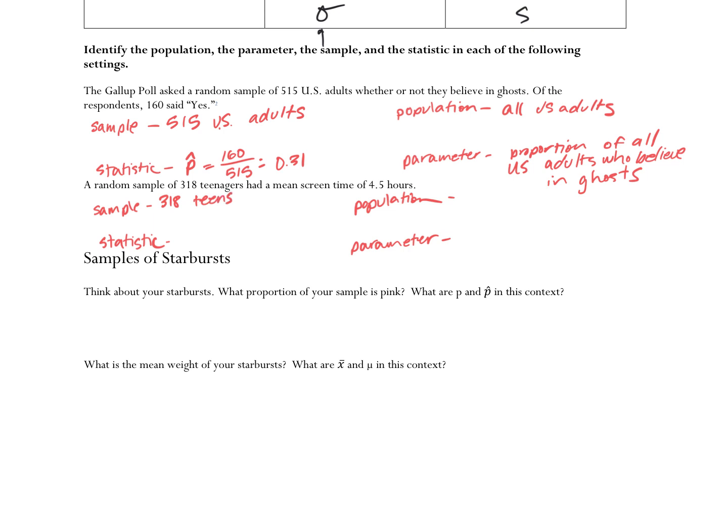And what did we measure about our 318 teenagers? That their x bar is 4.5 hours. And who are those 318 trying to represent? All teens. And what are we trying to estimate? The mean screen time of all teens.